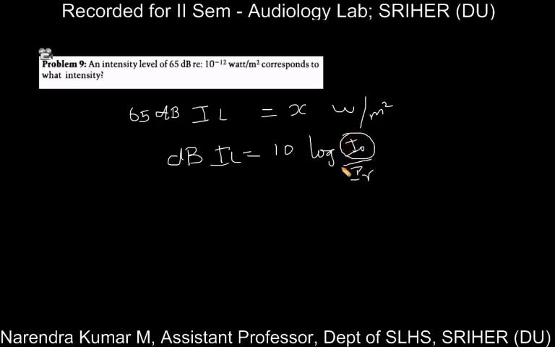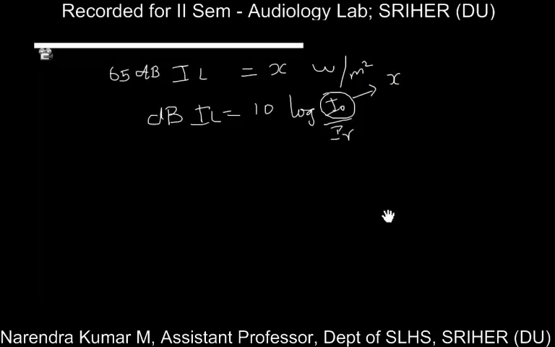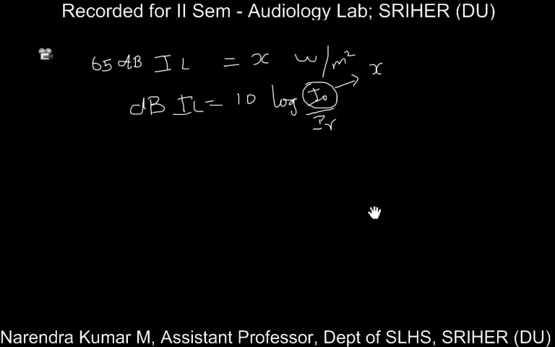I0 is equal to X. Now substituting the known values in the equation, we should be able to get the absolute value X in watt per meter square. 65 is equal to 10 log X by IR value, which is 10 to the power minus 12.